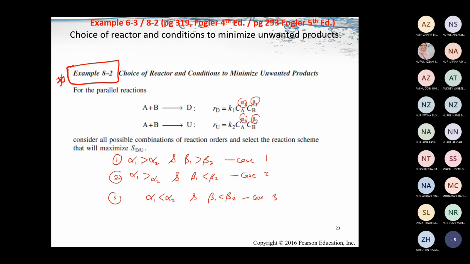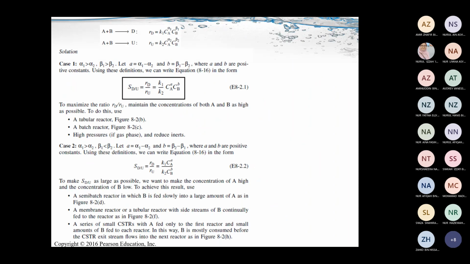We look at them one by one, to see what happens if this is bigger and this is smaller. So there are actually 4 possibilities we can look at here. The fourth one would be alpha 1 less than alpha 2, but beta 1 higher than beta 2, which is case number 4. I will go through one by one, so if you don't understand, just interrupt me.